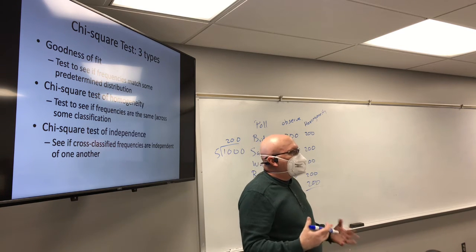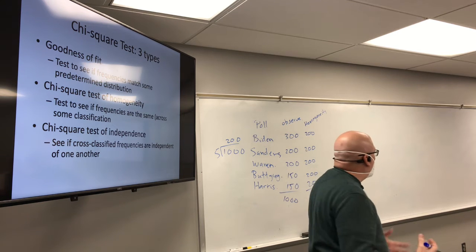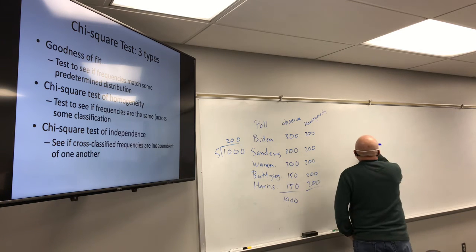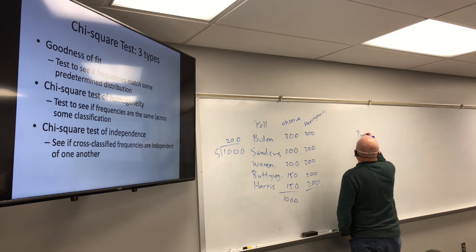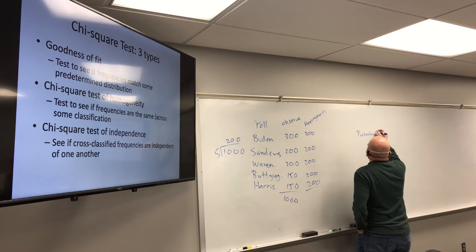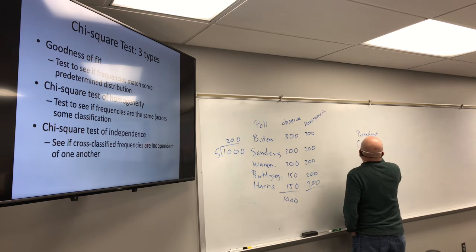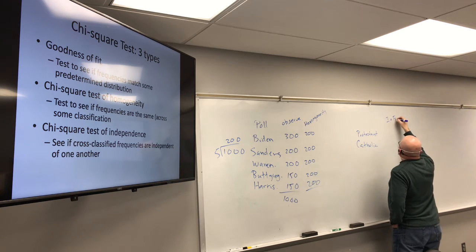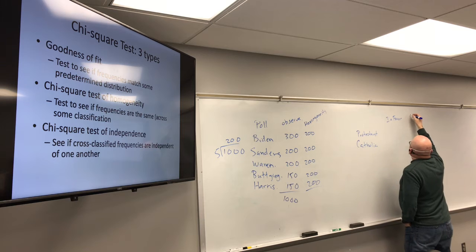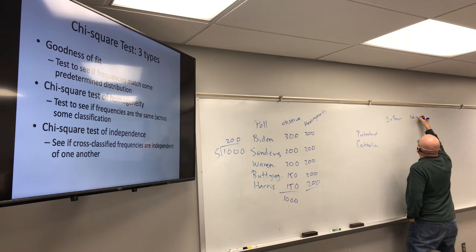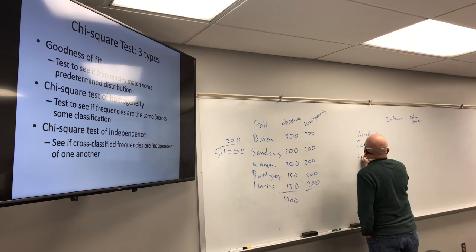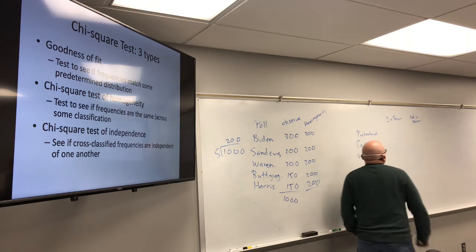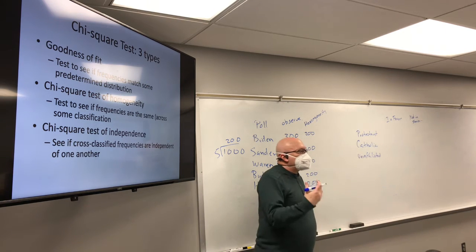A Chi Square test of independence is when you have, let's say you have three religious categories.